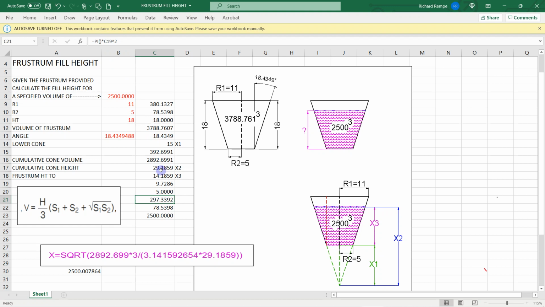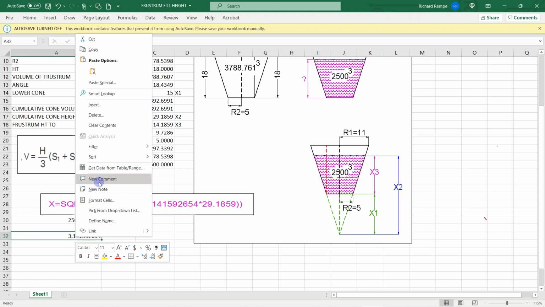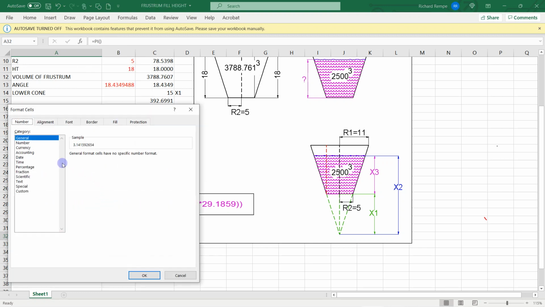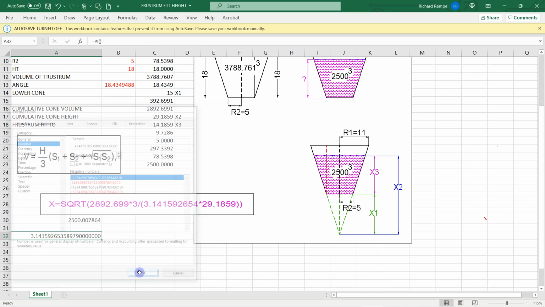And there we go again, pi. So it's a little more accurate. If I actually, just so you know, equals pi, open parenthesis, close parenthesis, enter. If we take that, right click, go to format cells, number, carry that way out, see how far we can get. See, it starts to turn into zeros right around there.